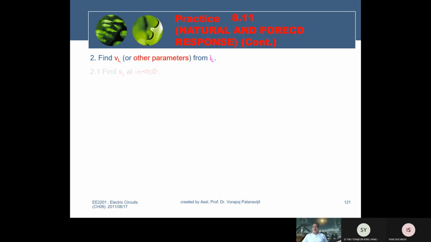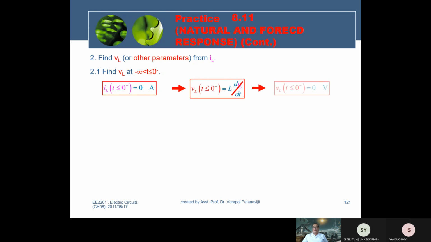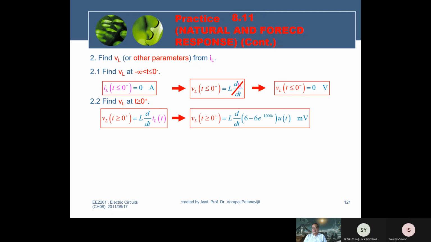Now, if the question asks you for VL at time less than 0 or greater than 0, derive them from IL. For time less than 0, IL equals 0 and is constant during the time. Therefore, VL equals 0. But for time greater than 0, VL equals L di/dt.